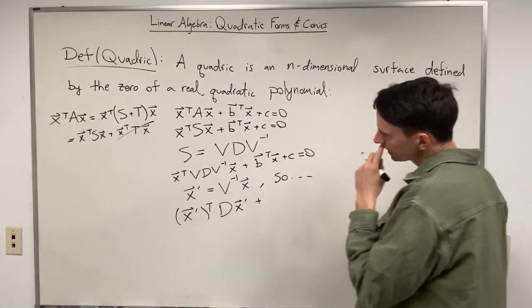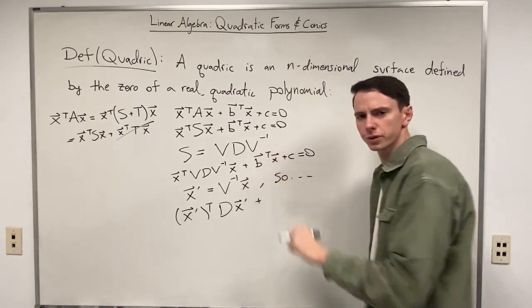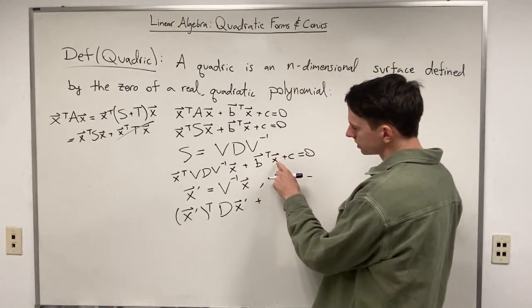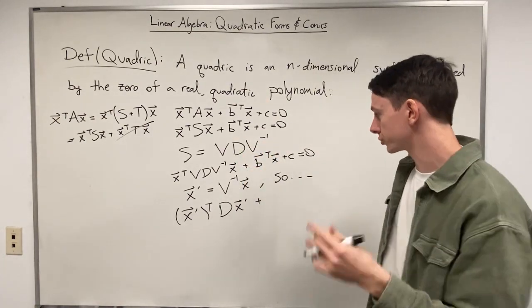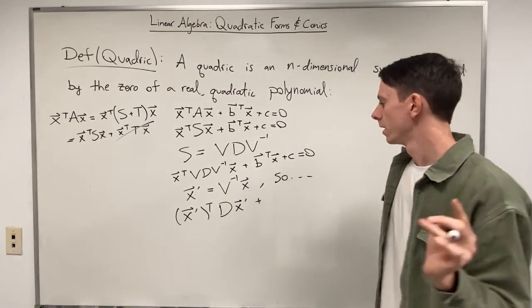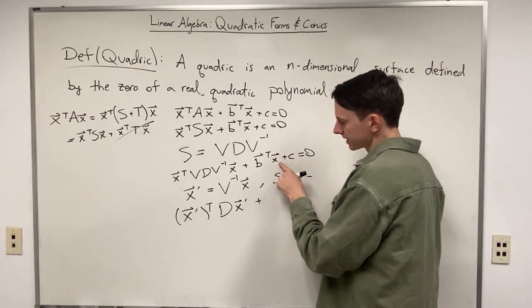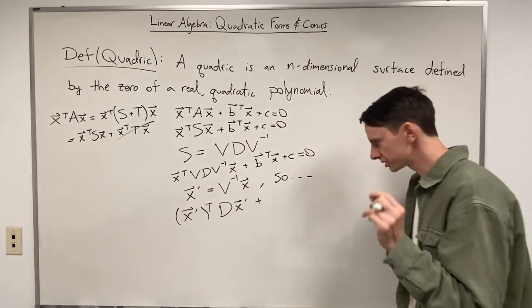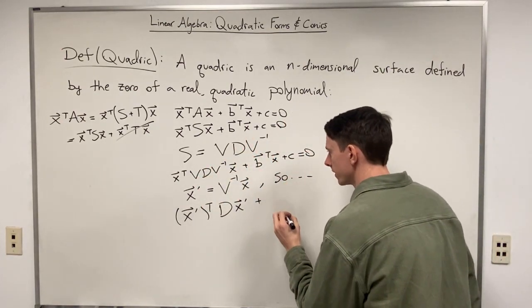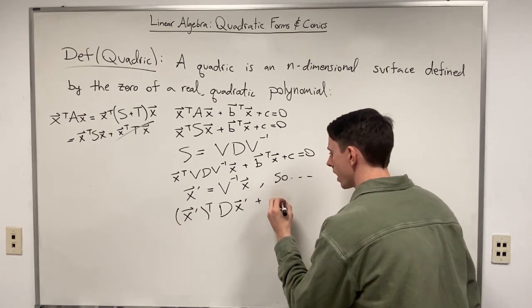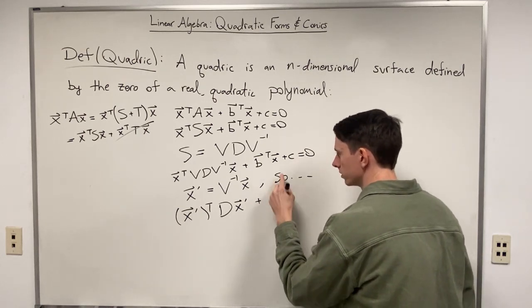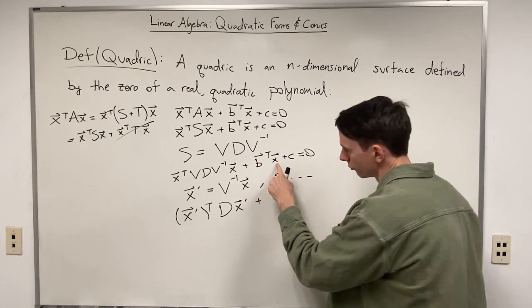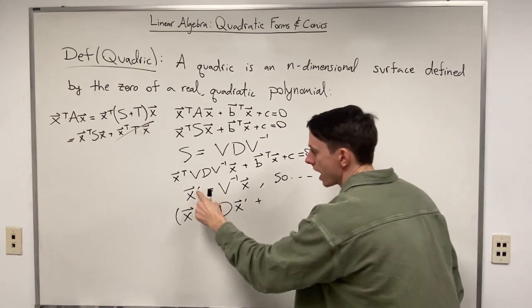Plus, I'm going to have b transpose here, and I could just leave b transpose like that, but I want to be able to rewrite x in terms of the new prime coordinates. So let's do that for a second. Rather than x, I'm going to write x prime.